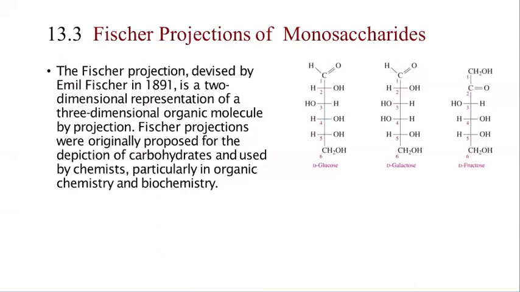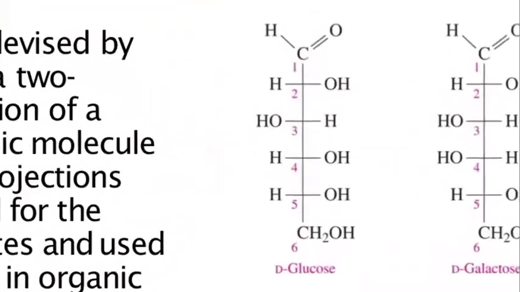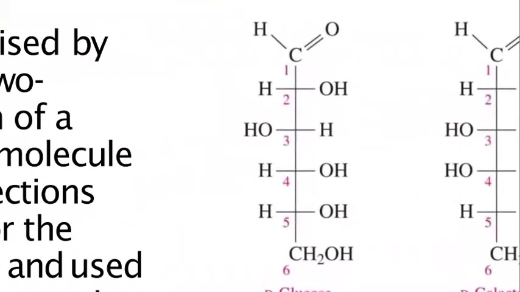Fischer projections were actually invented by Emil Fischer in 1891. This is a two-dimensional representation of a three-dimensional organic molecule, okay? We use them in all areas of organic chemistry, but particularly for monosaccharides. This is what a Fischer projection is trying to show.